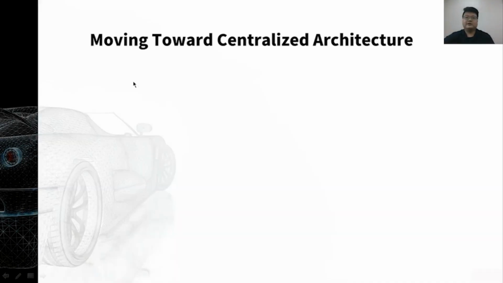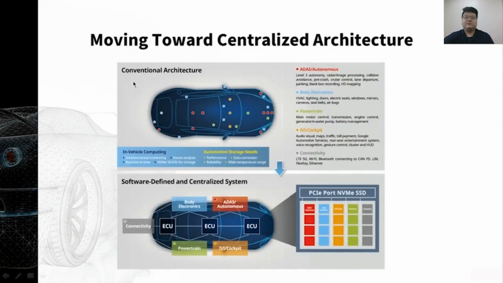So there is a new architecture called the centralized system coming for this revolution in the automotive. Before, the design concept in automotive was the conventional architecture. It means there were a lot of applications and features separately built in a car, and it also required a lot of units to control them.